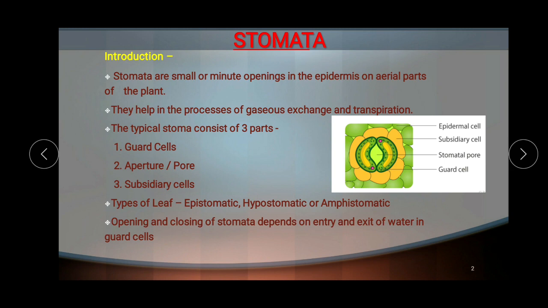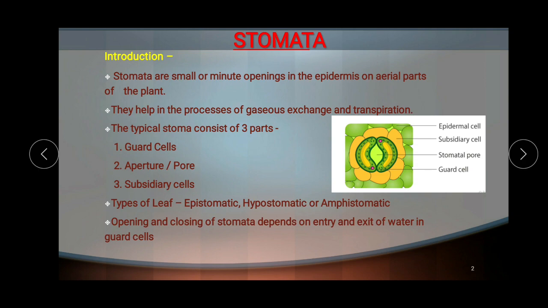In epistomatic leaves, the stomata are restricted to the upper surface or the dorsal surface of the leaf, while in hypostomatic leaves, the stomata are restricted to the lower surface of the leaves, while in amphistomatic leaves, they are present on both surfaces of the leaves.